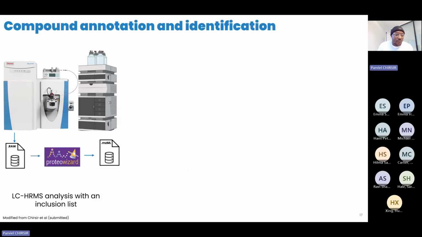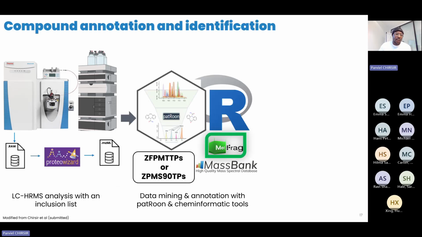For the mass spectrometry measurements, I used the Q-Exactive HF-OB trap. Once the measurements were done, I had the raw files, and then I converted them to .mzML files, which is a compatible format for the data mining software that I used.